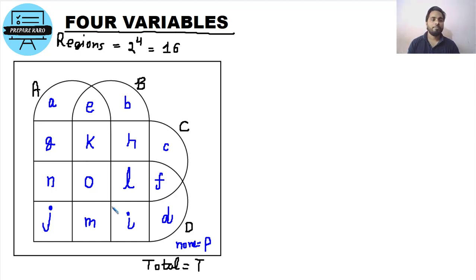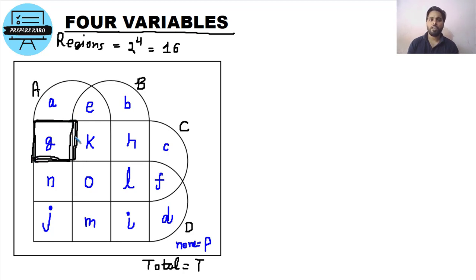Okay. Now, see, how will you get this? What is this region denoting here? So look for the intersection. Like, this region is made up of which variables? Is variable B here? No. Is variable D here?